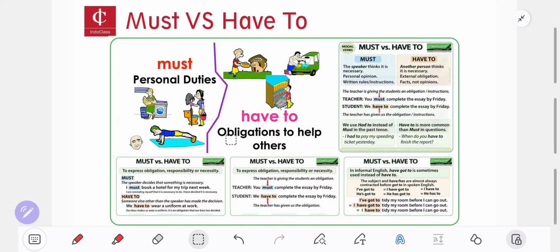For example, if you want to help your friend, your family, your siblings and other people, you can use this word have to. This activity is like washing a car or feeding your animal, and this picture.